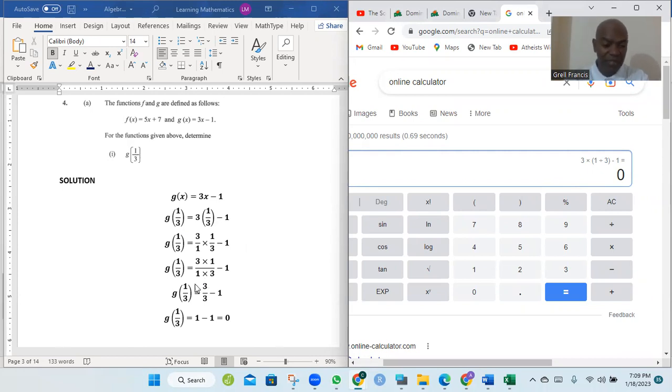Okay, but mental arithmetic is very important, and here it is, done mentally, and here it is using your calculator. 3 times a third minus 1 is 0, so g of a third is equal to 0. Please copy this down and rewind the video, practice it as much as possible.